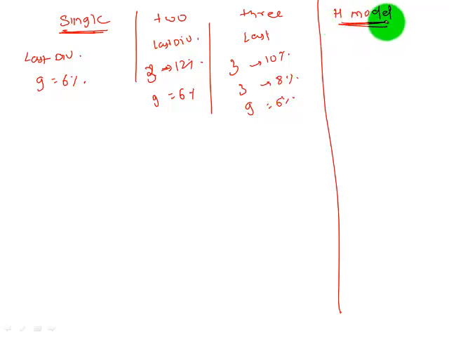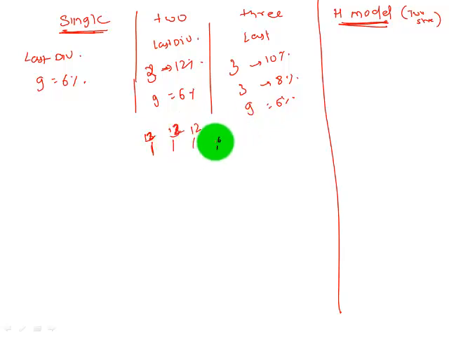And the H model is also a two-stage model. But the difference is that what we did in the two-stage model is we said year 1 it will grow at 12, year 2 12, year 3 12, and suddenly in year 4 it's 6.